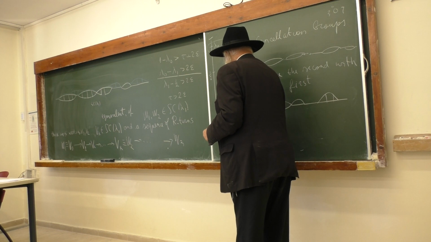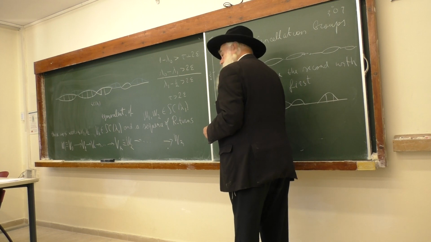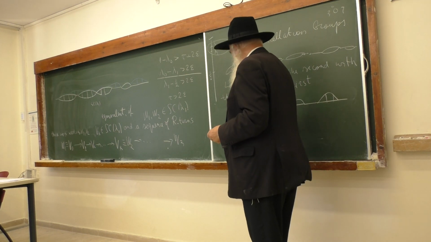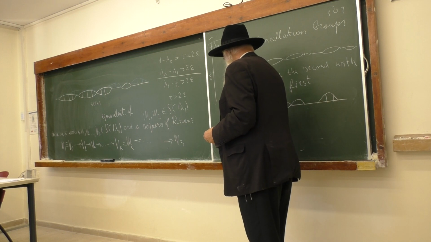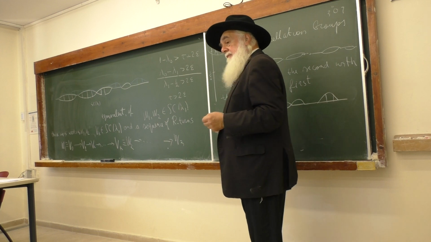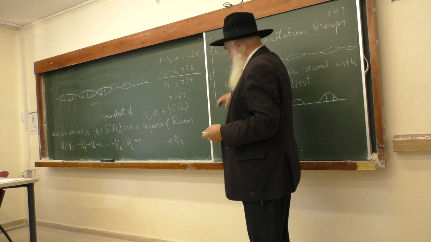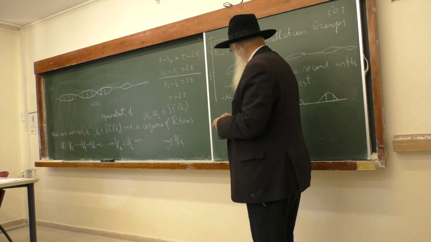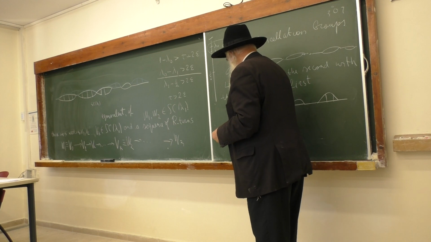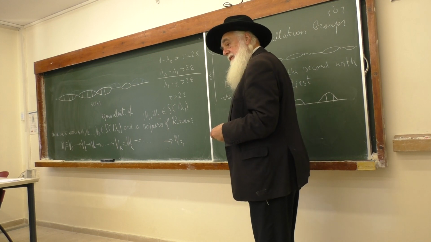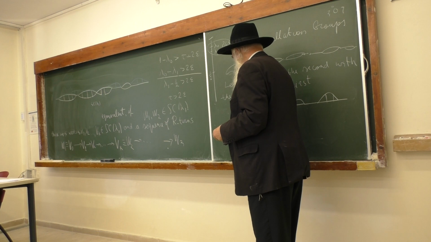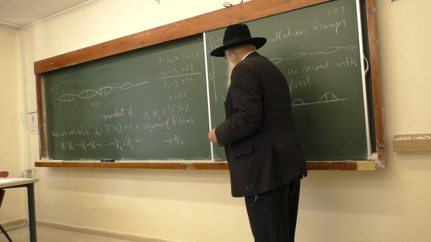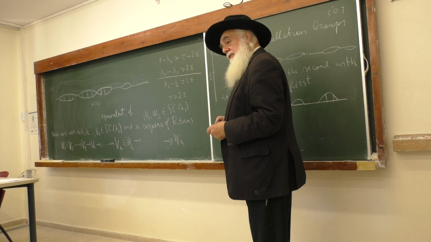Now, if it starts with a word, and then in some place there will be a non-equal letter, we compare them. This is a word, we compare them. If in some place this letter will be different, this is A, this is B, until we have the same word U. So what happened?